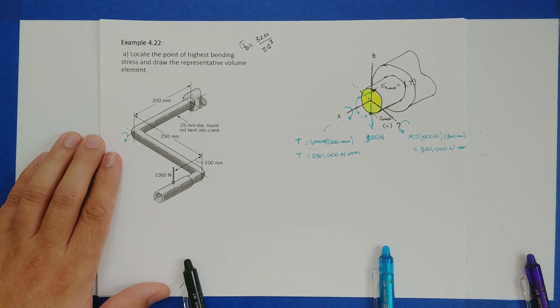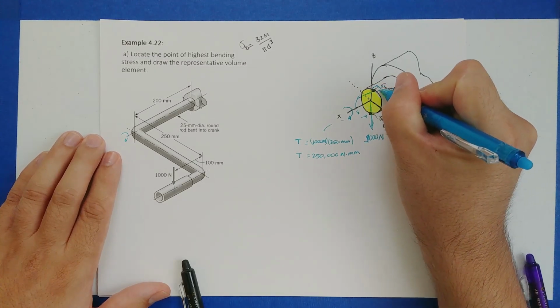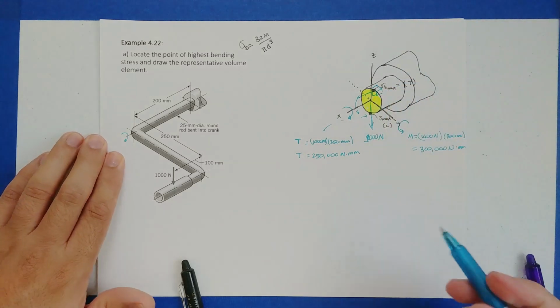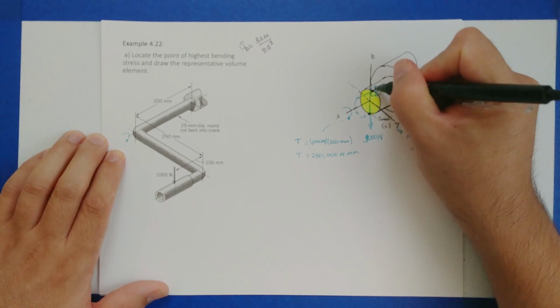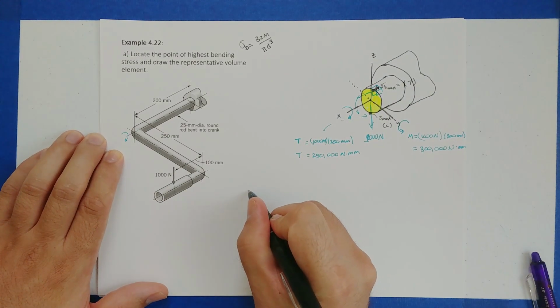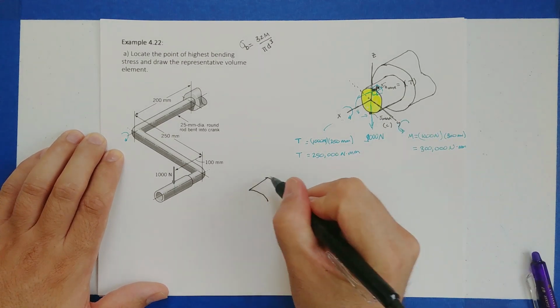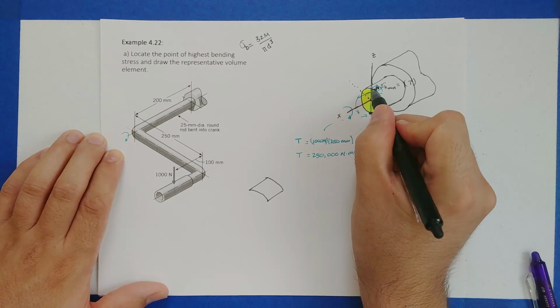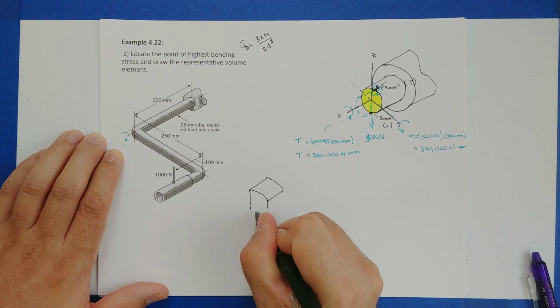So we want to draw that representative volume element. We'll draw something like so. Take a little cube here, kind of down like this, and in there. Let me draw it over here, and I'm going to call this point A. It's going to look something like this. You don't have to, but I like to draw the curvature of this rod over here, so it gives me a better sense of what I'm looking at.